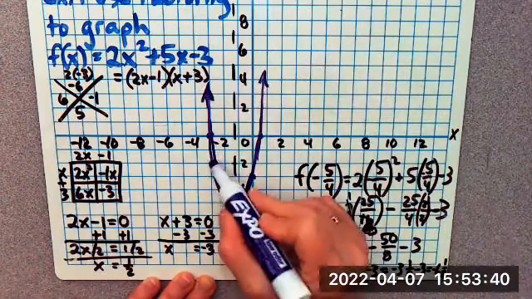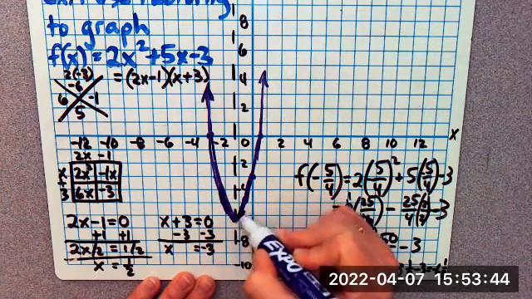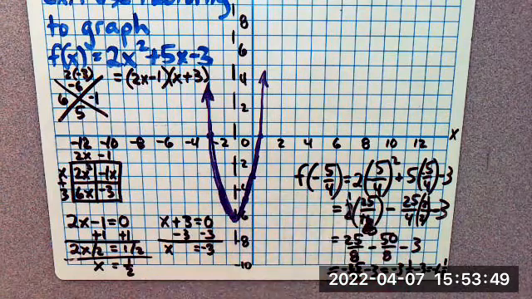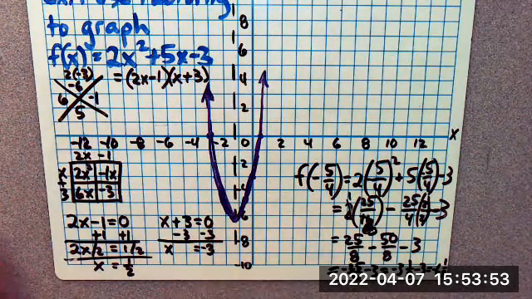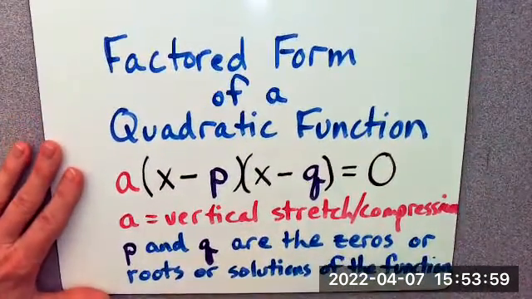Okay, so that's how we graph using roots. We can find the middle where the axis of symmetry is. We can use that axis of symmetry to find the vertex. All right, so this leads us into factored form of a quadratic.